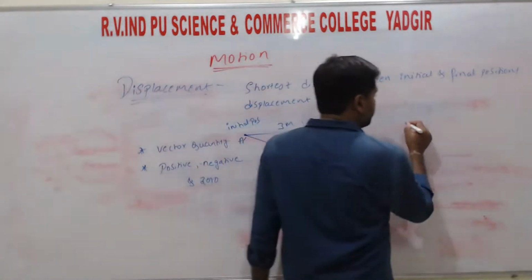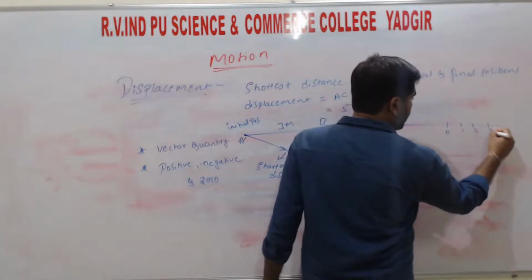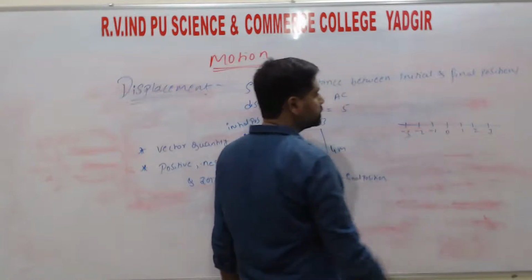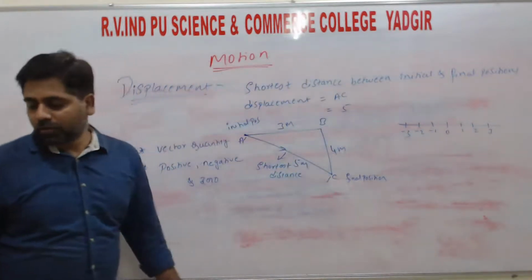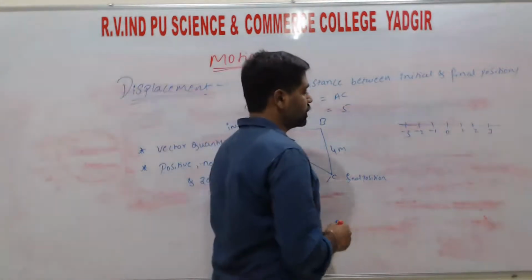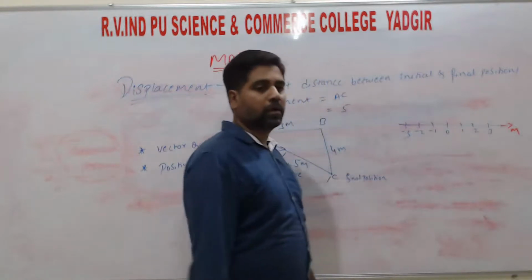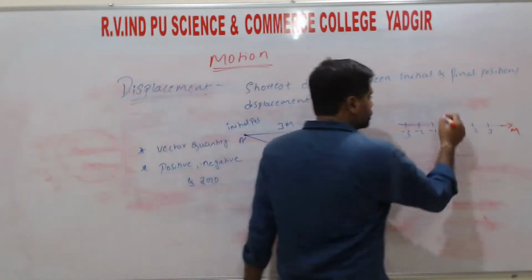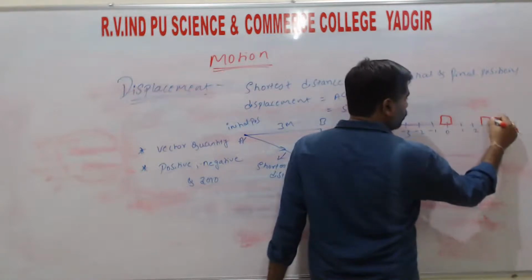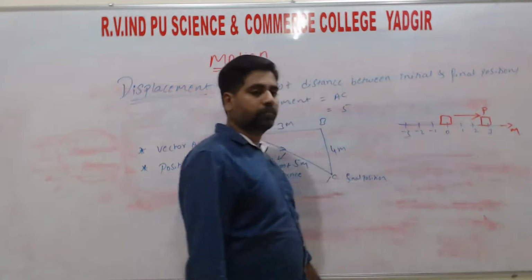Further, considering the similar example, so 0, 1, 2, and here 3, -1, -2, and -3. Right? So taking one coordinate axis, this is in meter, right? Now the object starts moving from O to P here, right? From O to P.